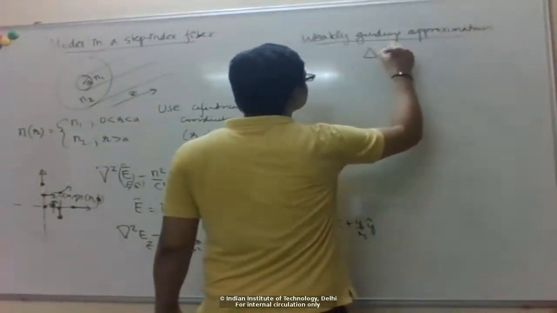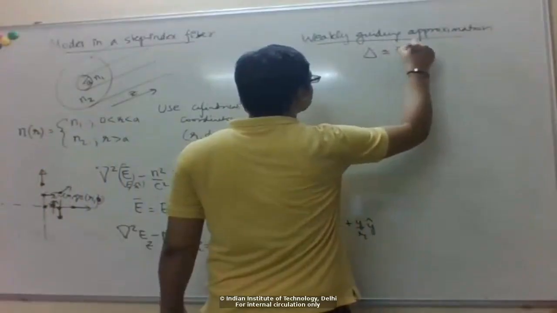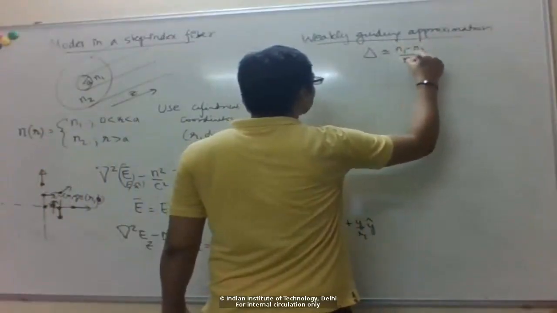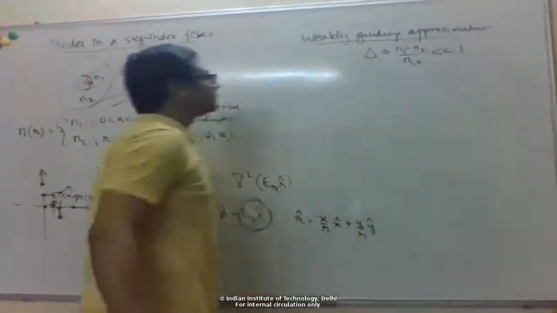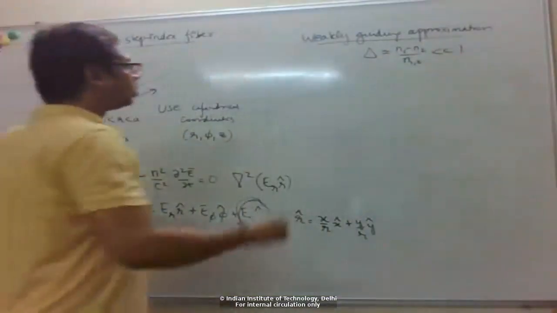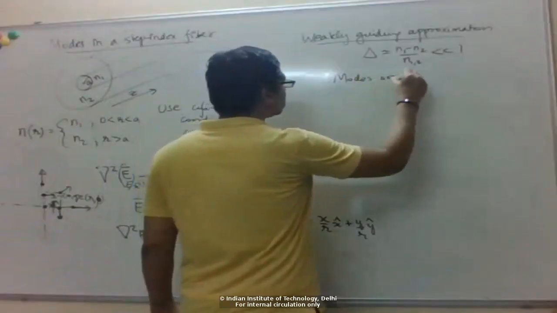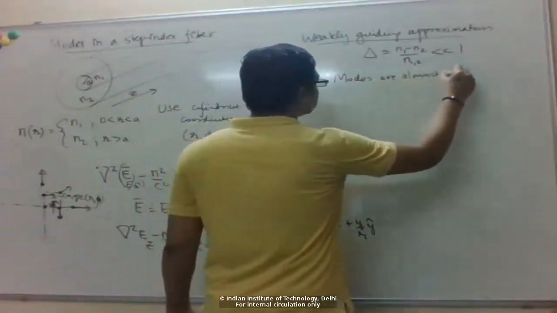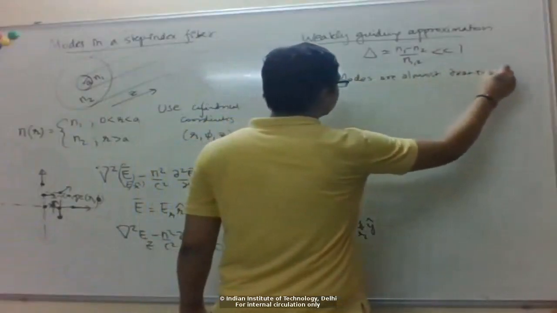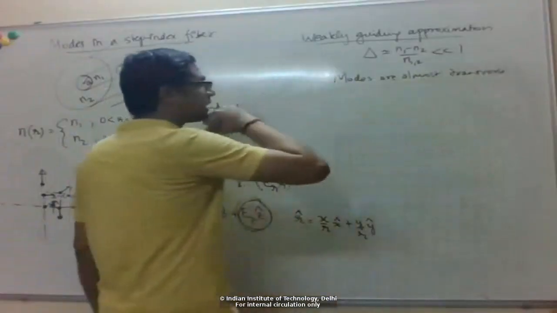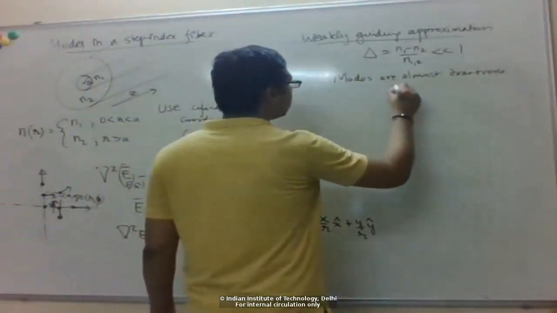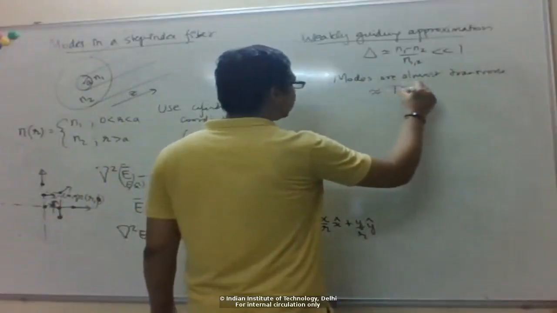Right, so for delta, which I can write as (N1 minus N2) over N1 or N2, this is much less than 1. Then the modes are almost transverse. We saw this explicitly for the slab waveguides, which means that they're almost TEM.